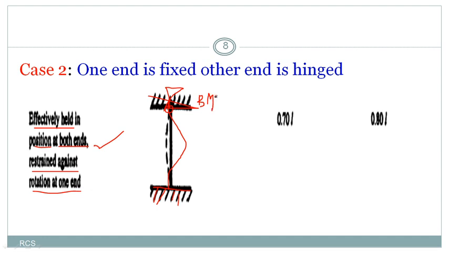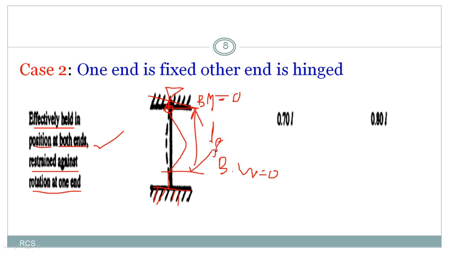At the hinged support, and for the fixed support after some distance, we'll get the bending moment value 0, right? You know the effective length of any column is the distance between two consecutive zero bending moment points, or points of contraflexure.